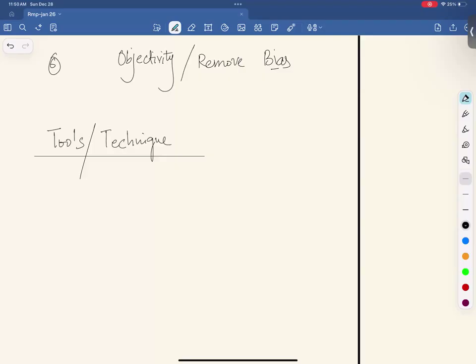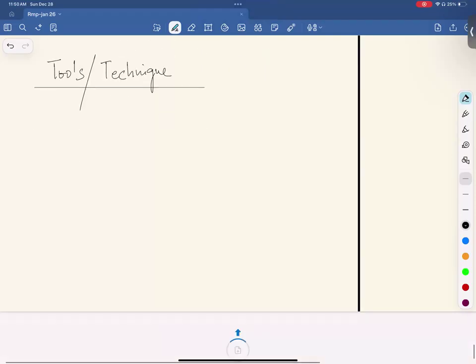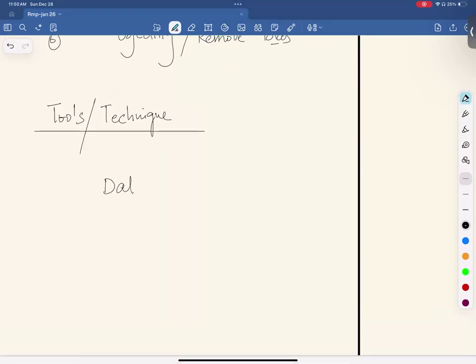Something that is useful, a concept that is worthy to be understood or that you can apply or use. Okay, what tools and techniques will we be using? Data gathering techniques, all the techniques that we have discussed, like interviews, brainstorming, surveys, Delphi, workshops, right?